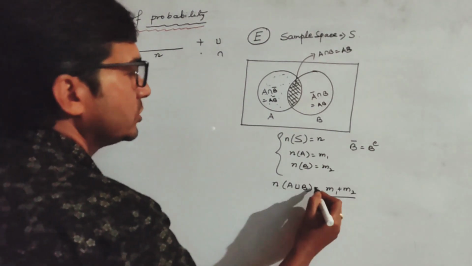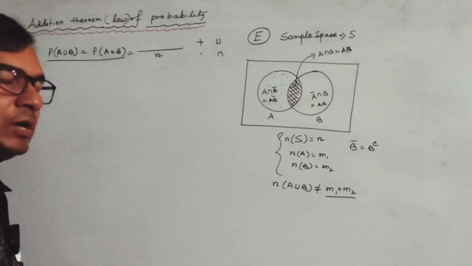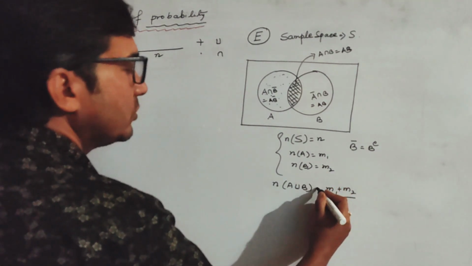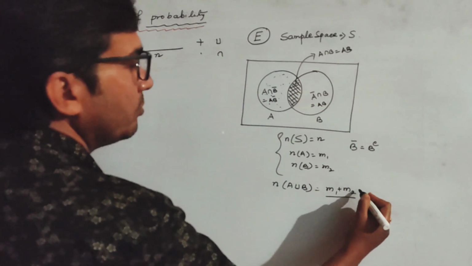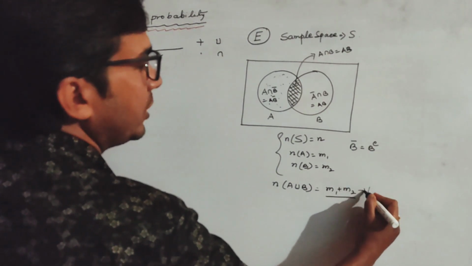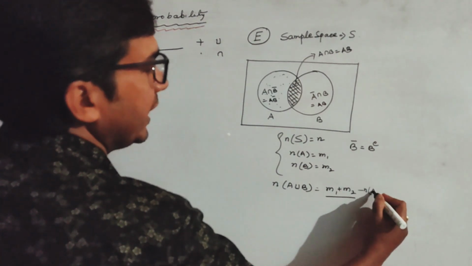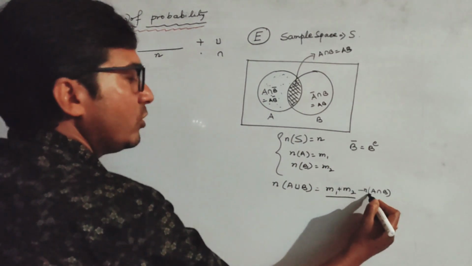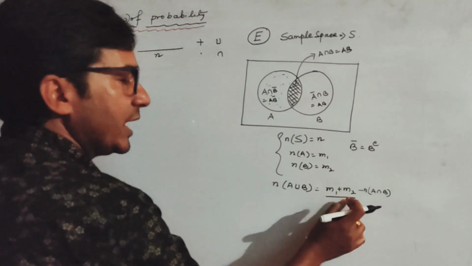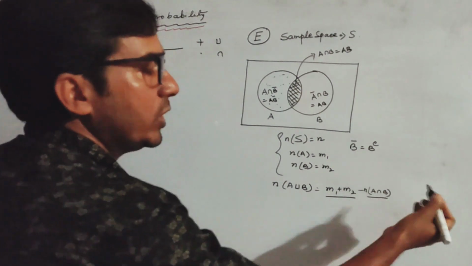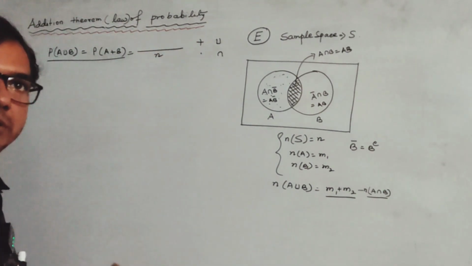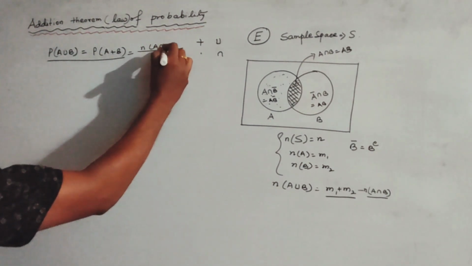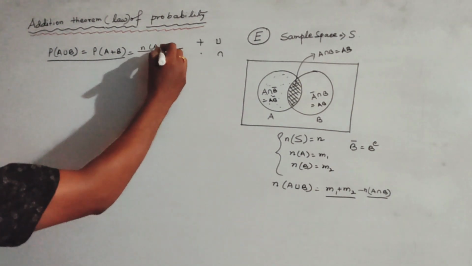The number of A union B is equal to M1 plus M2 minus the number of points in A intersection B, because n of A intersection B is counted 2 times and we subtract from this result 1 time n of A intersection B.